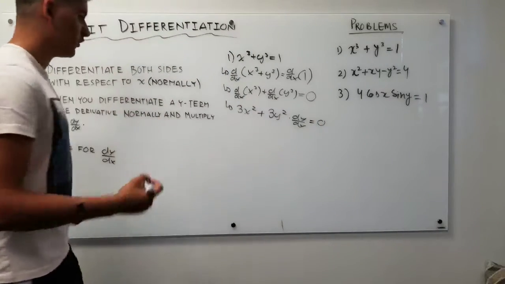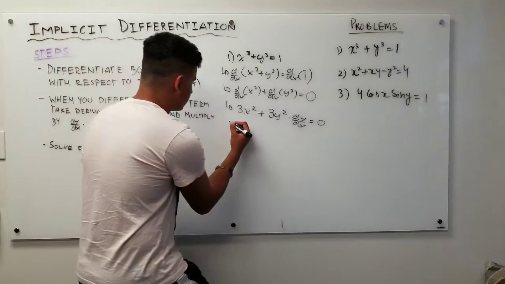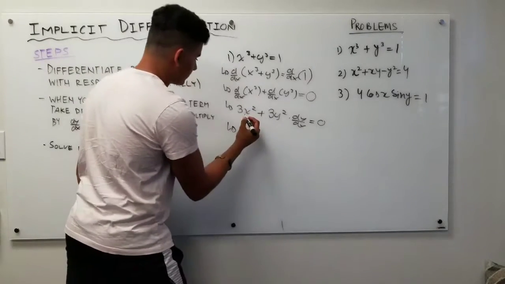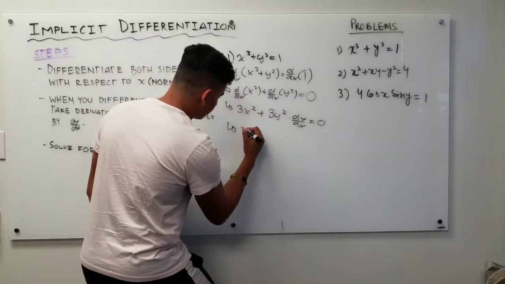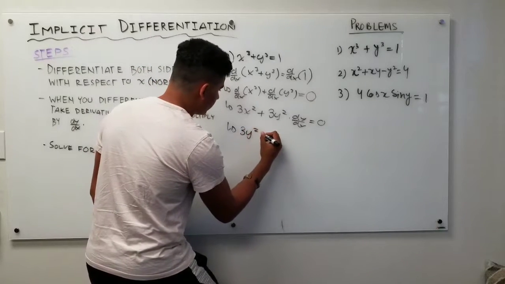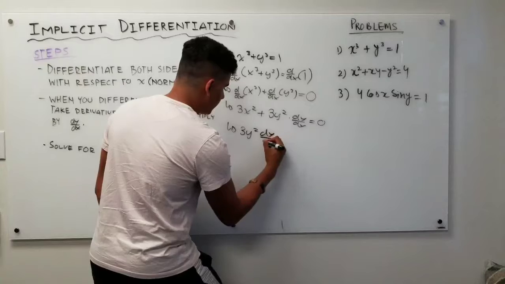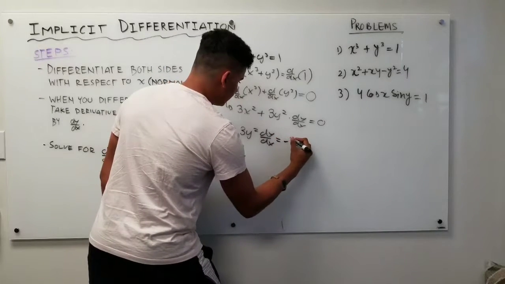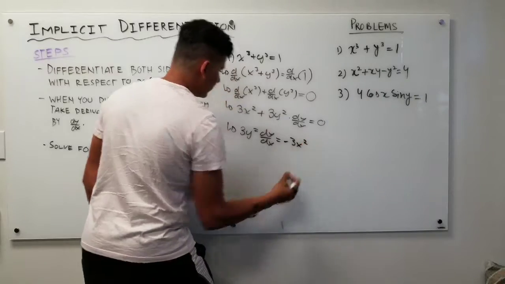Now, the last step: solve for dy dx. To do that, we subtract 3x squared on both sides. We get 3y squared dy dx is equal to negative 3x squared.